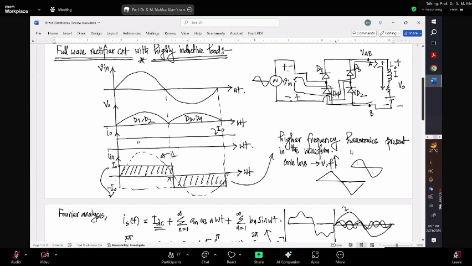So if this is my I in 1, the fundamental component of the current, what is the displacement of the fundamental component of the current with respect to the input voltage?